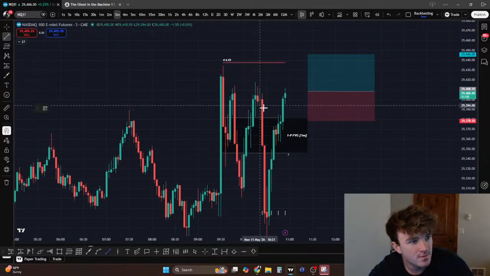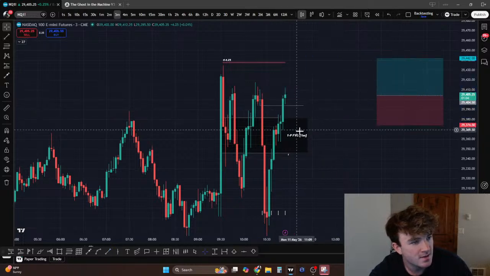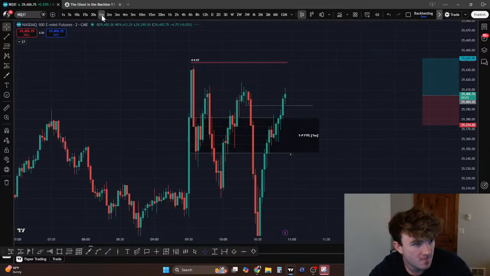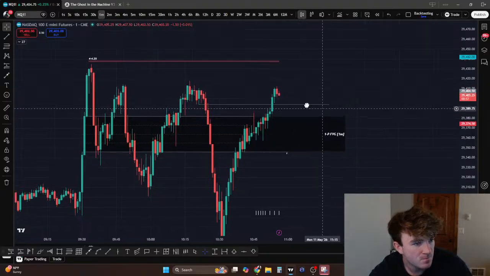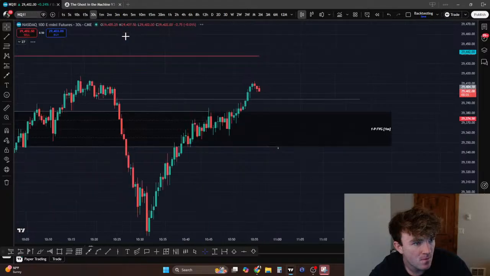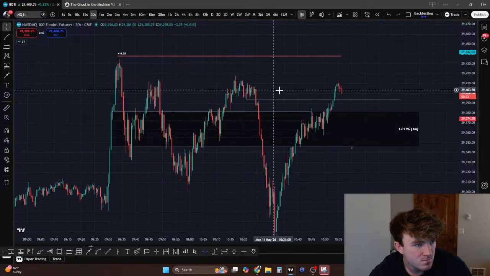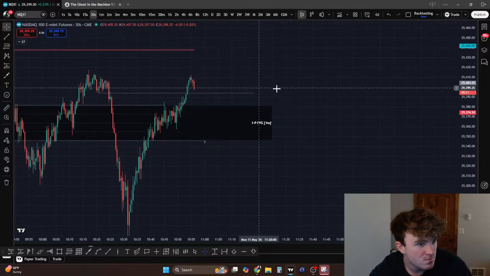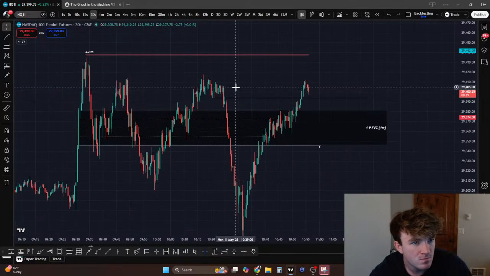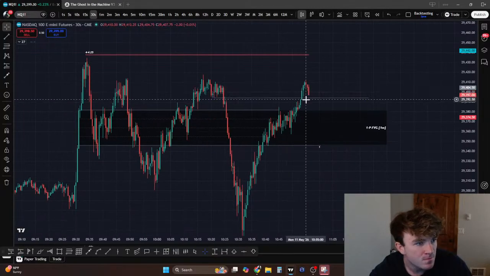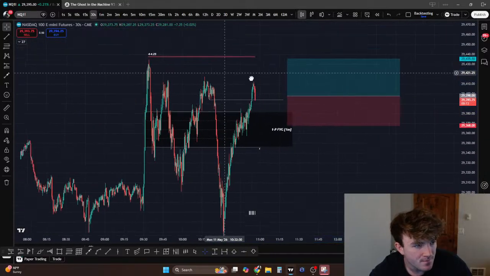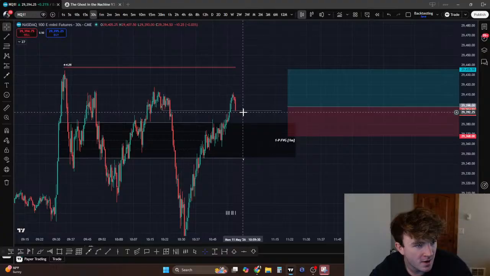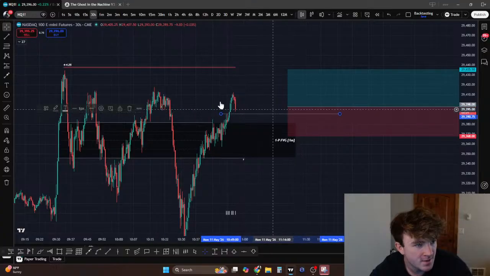So maybe look for this balanced price range here. And then continuation off of this, maybe this.